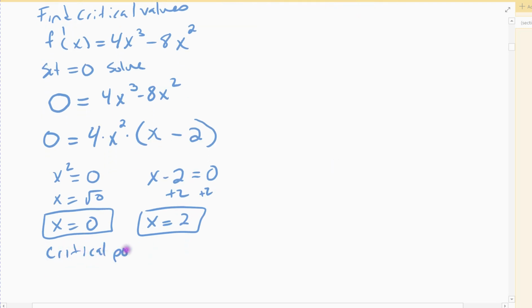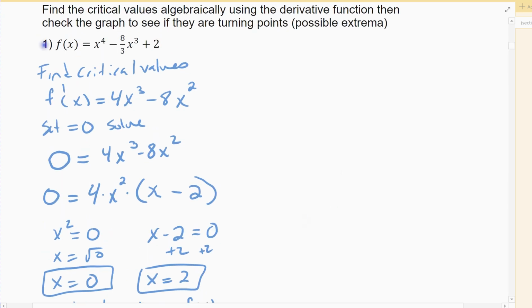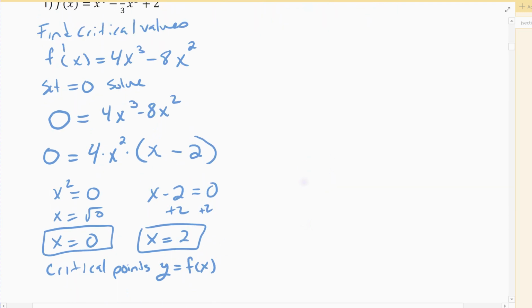Now my critical points, where the y value comes from the original f of x function. My original f of x was x to the 4th minus 8/3 x cubed plus 2.